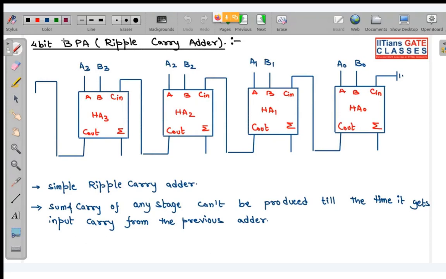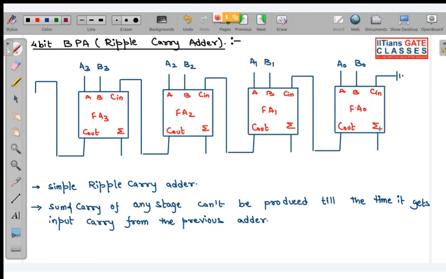This is the diagram of a 4-bit binary parallel adder. Here we have 4 full adders. A full adder has 3 inputs: 2 of them are your bits and 1 of them is the carry input.